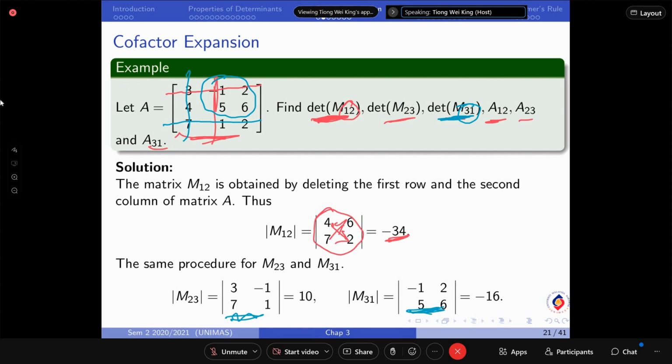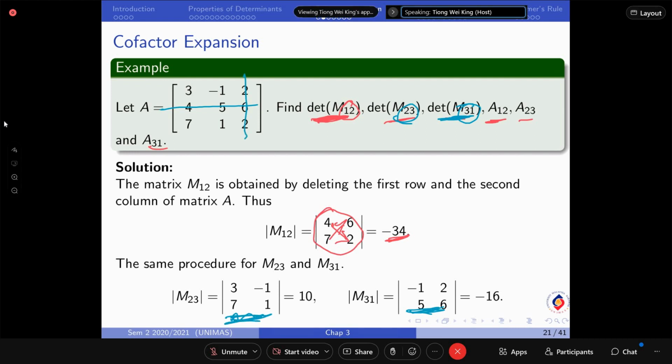And then the second one, M23, is delete row 2 and column 3. So you have this matrix.